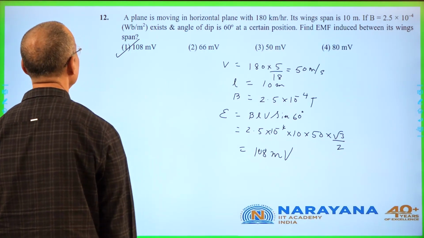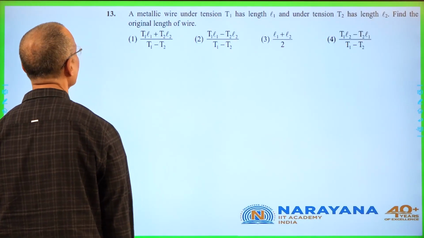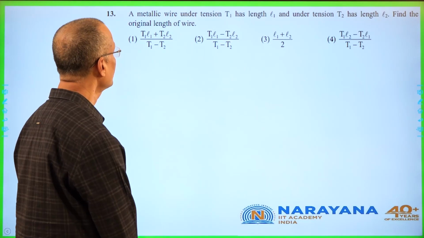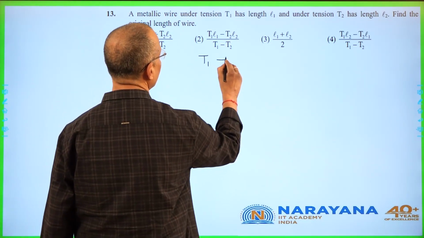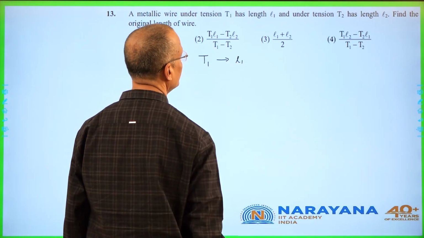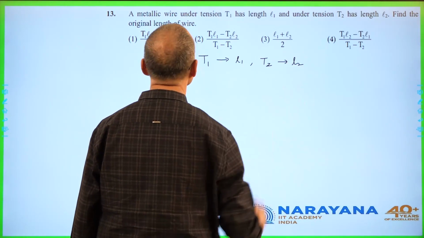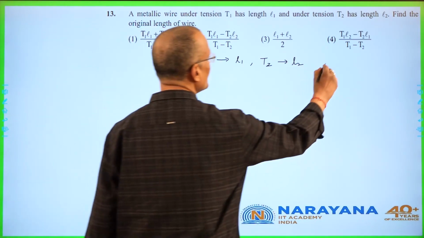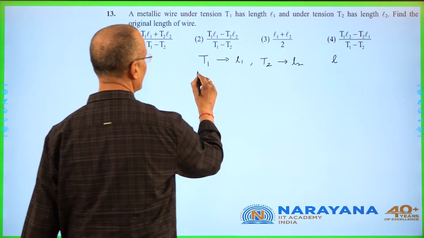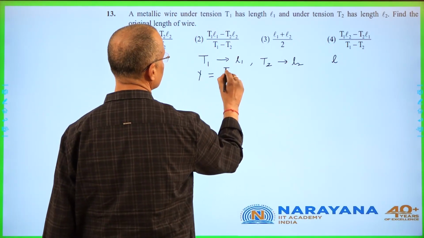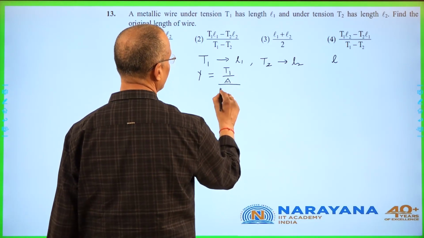Question number 13 now. A metallic wire under tension T1 has length L1. At T2, a very famous question, the length is L2. They are asking you the original length L. You know Young's modulus equals stress by strain.